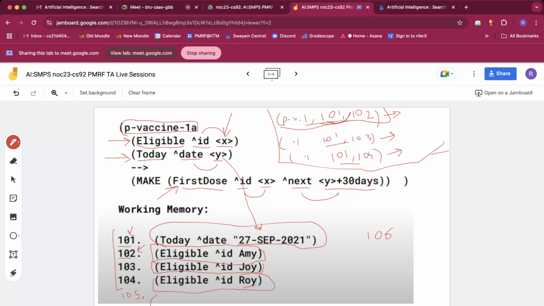So 105 would be first dose, ID would be Amy, and then next would be 27 September plus 30, whichever that date would be, that date would be added over here. So this is how 105 would be looking like.